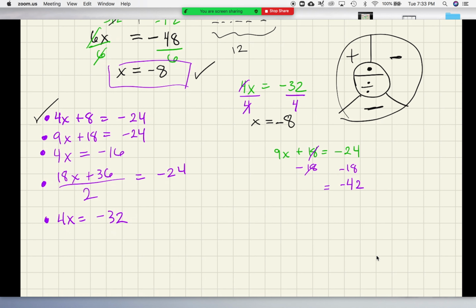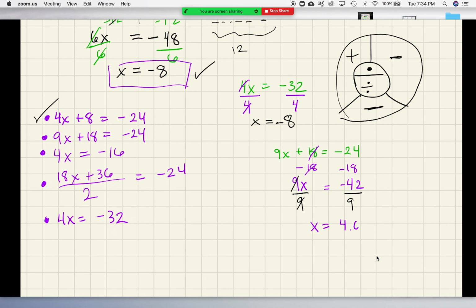And then we get to 9x. So I'm going to multiply the 9 to 9 and 0. Or no, we're going to divide it. Zero that out, and then I'm going to divide the negative 42 by 9.